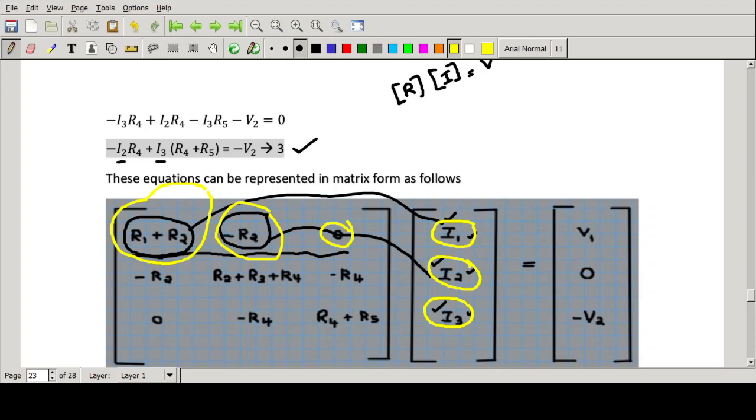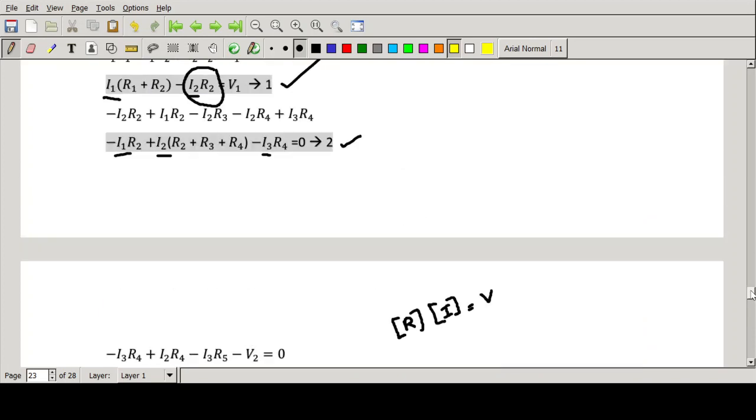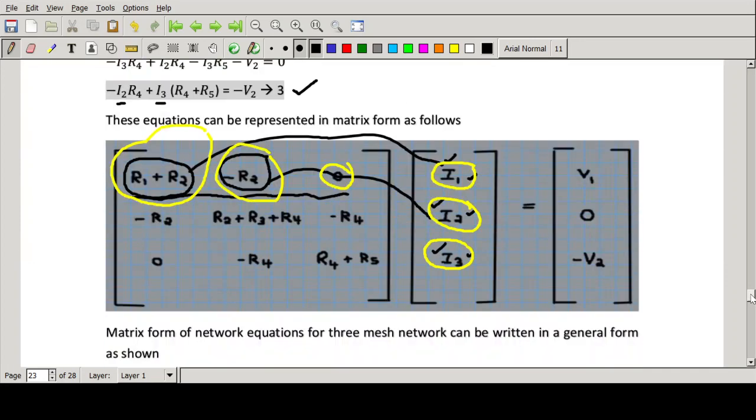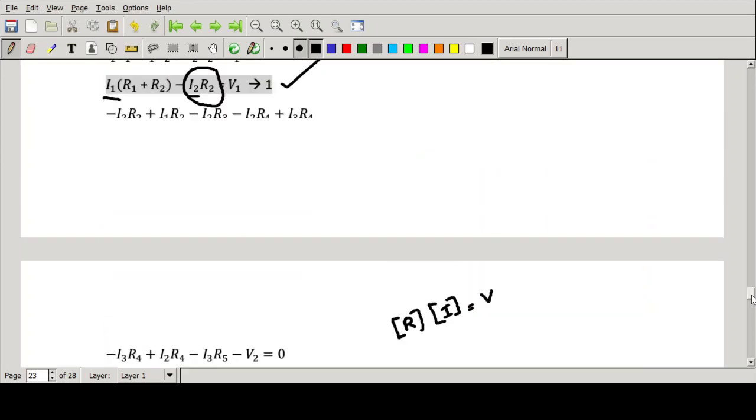Now let's see the second equation. What is the resistance term corresponding to current I1? It is R2. See here, it is R2, corresponding to the current I1. Now what is the resistance term corresponding to current I2 from the second equation?